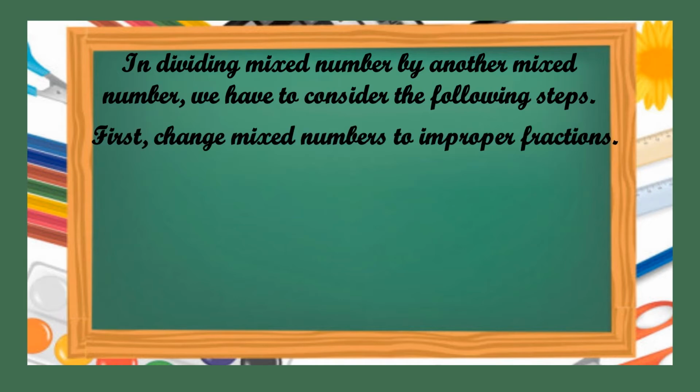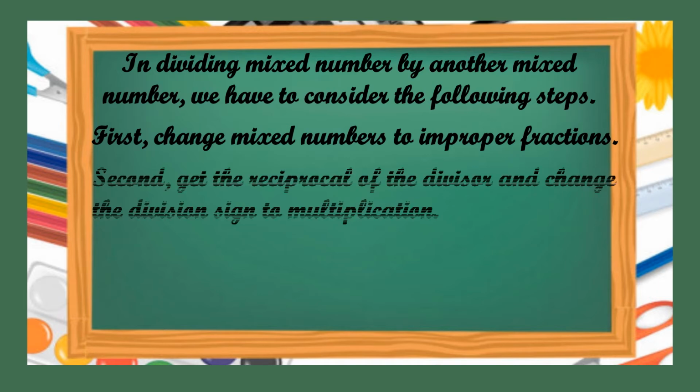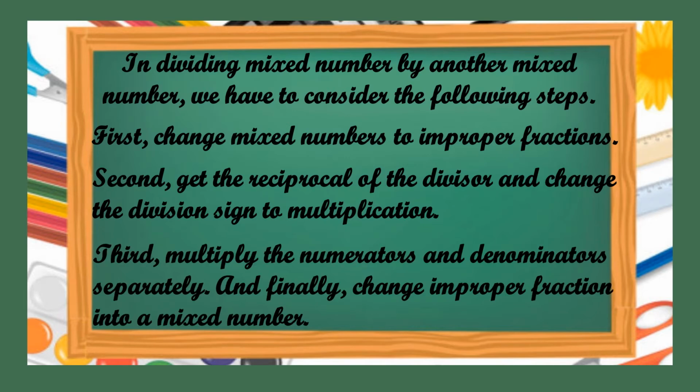First, change mixed numbers to improper fractions. Second, get the reciprocal of the divisor and change the division sign to multiplication. Third, multiply the numerators and denominators separately. And finally, change improper fraction into a mixed number.